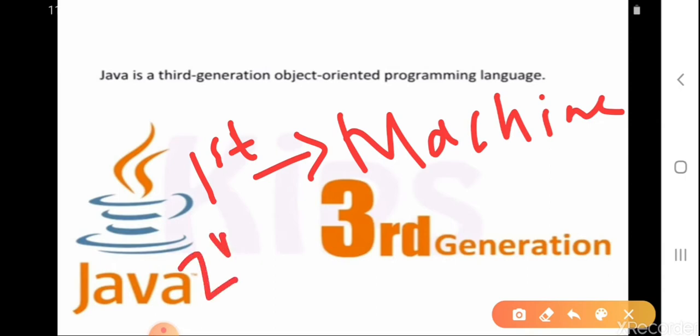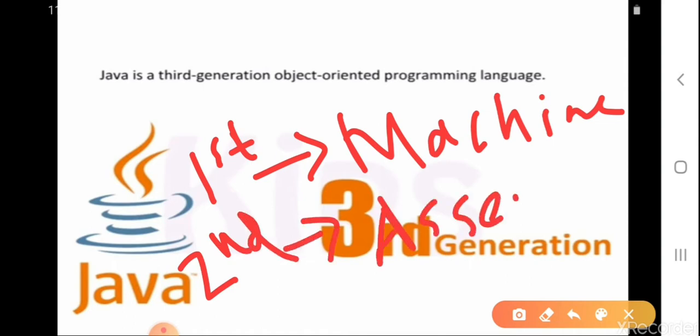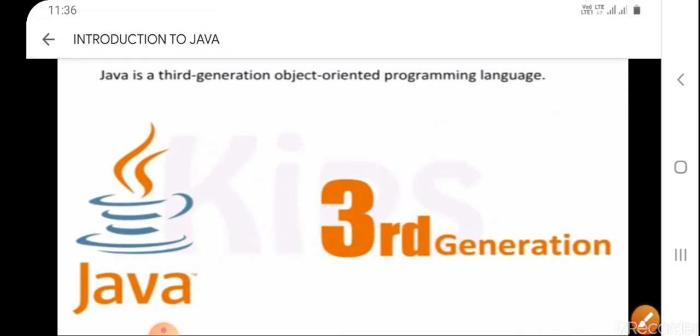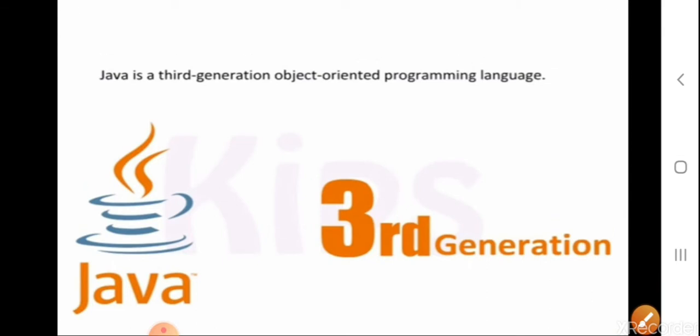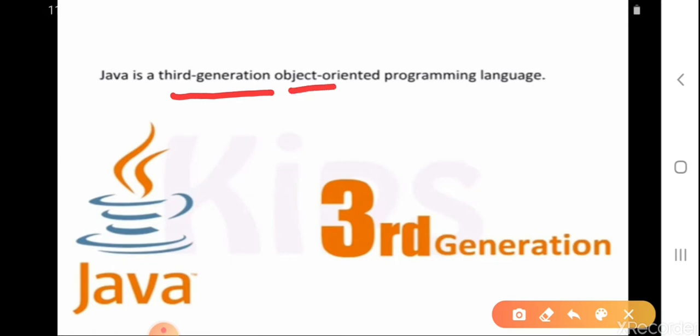The second generation language was the assembly language, which used mnemonics instead of binary codes. And then came the third generation languages, which were very close to the English language. Such languages were known as high level languages. So Java is one of the examples of third generation object oriented programming language.